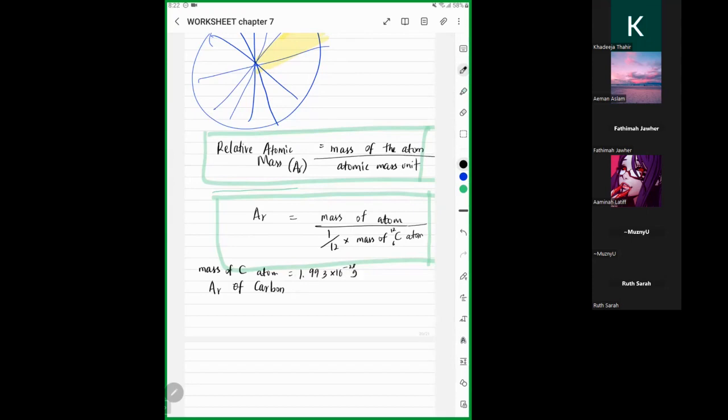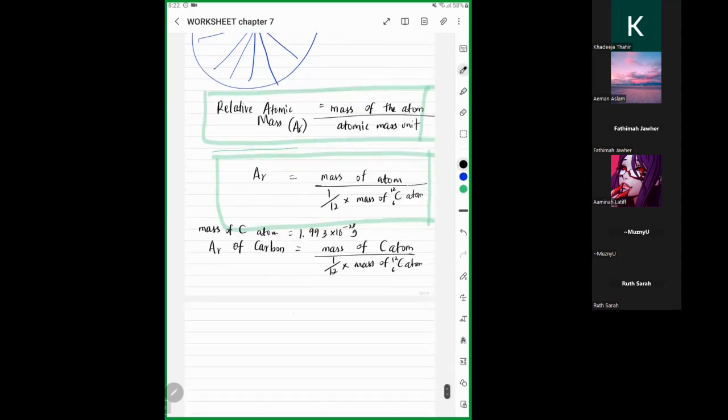So for getting the relative atomic mass, first I have to put for the numerator the mass of one carbon atom, and I have to divide it by 1/12 into mass of carbon 12-6 atom, right? That's what I have to do.